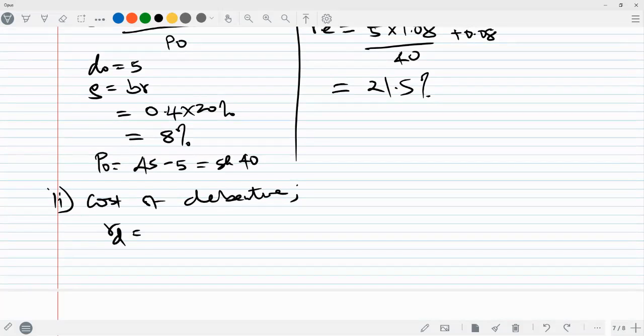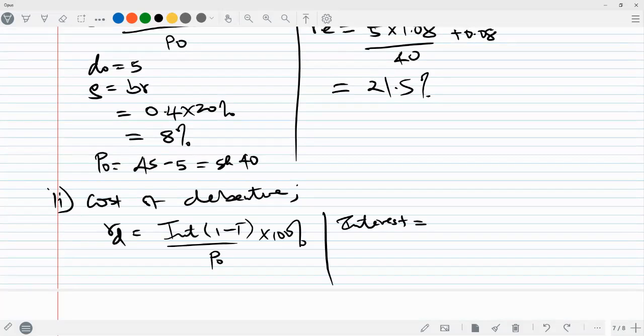Therefore, the cost of the debenture is equal to the interest on an after-tax basis, if there's tax, divided by the current market value. Of course, we express this as a percent. The debenture is paying interest at 12% based on par value.